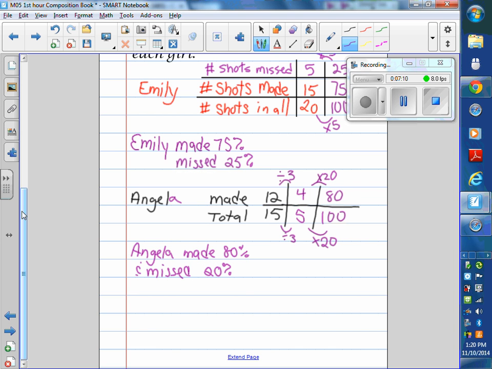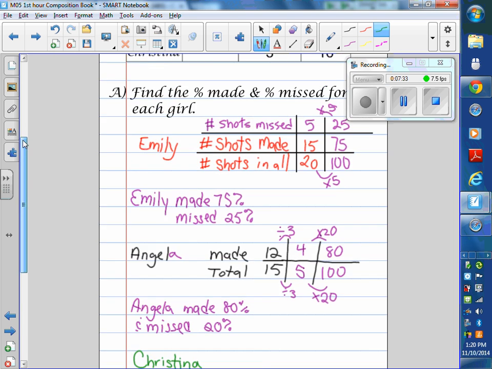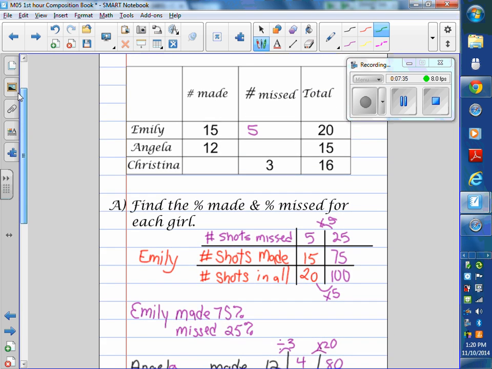Okay? Third one's harder. So Ava, third one. Christina's numbers. Okay, so she missed 3 shots. She made 0 shots. I think in the table you have to fill in. So for example, she missed 3, but her total is 16. So what did she make? Like for example here, Angela made 12.